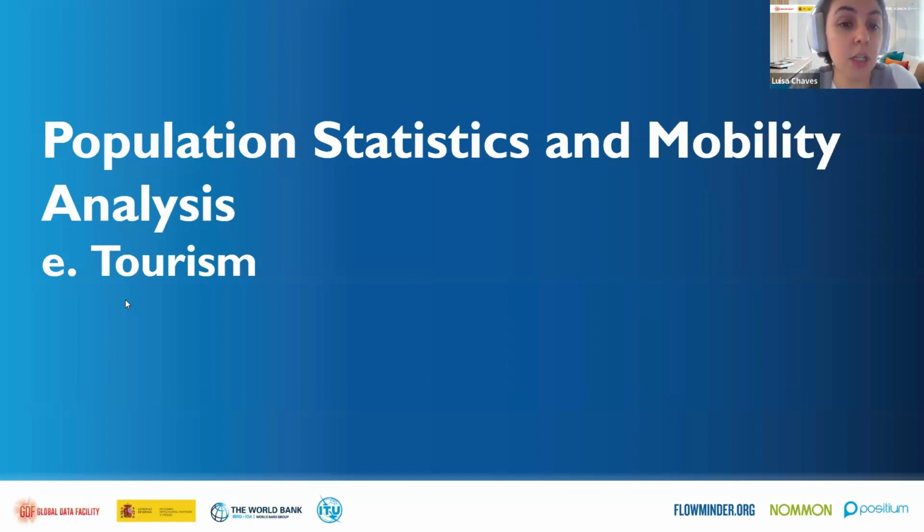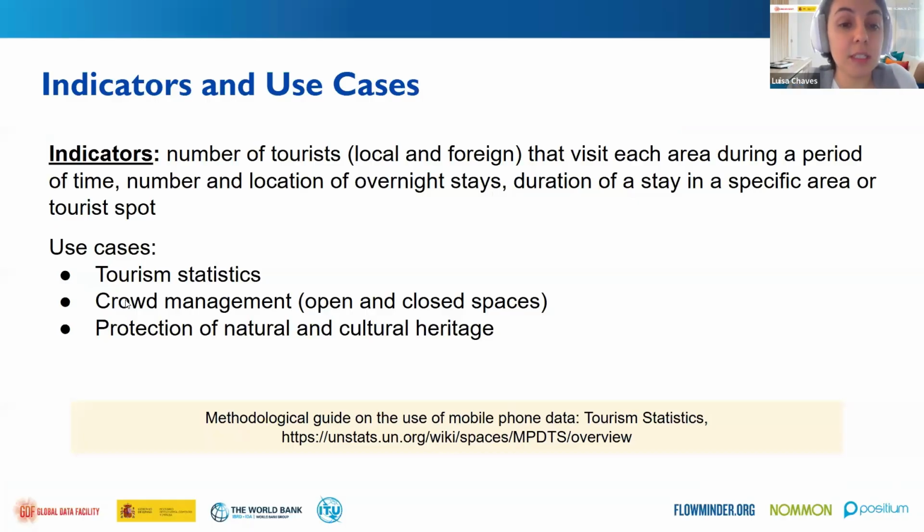To finish this section on population and mobility analysis, we'll talk about tourism. Tourism statistics are essential for evidence-based policymaking and are also linked to several Sustainable Development Goals, including Goals 8, 12, and 14. Traditional tourist statistics rely on surveys and administrative data. While these sources have strengths, they also have limitations, particularly in terms of coverage, timeliness, granularity, and data quality.